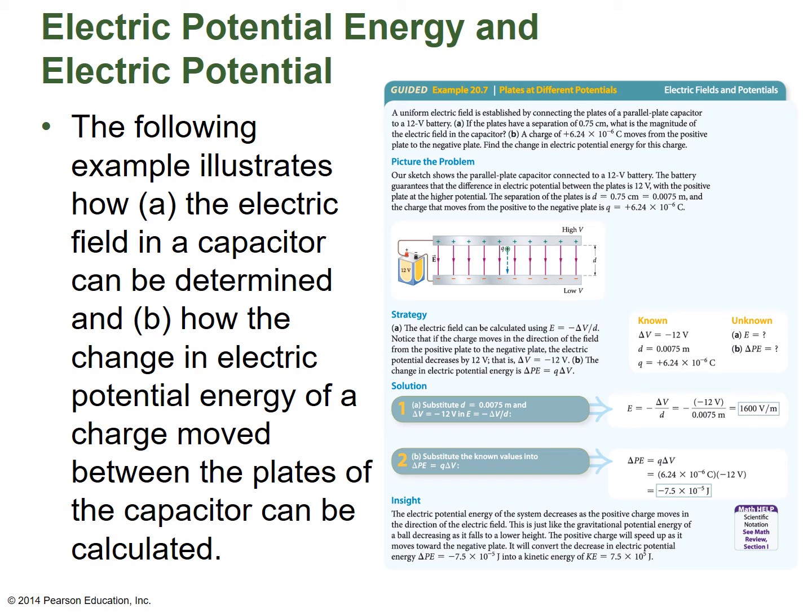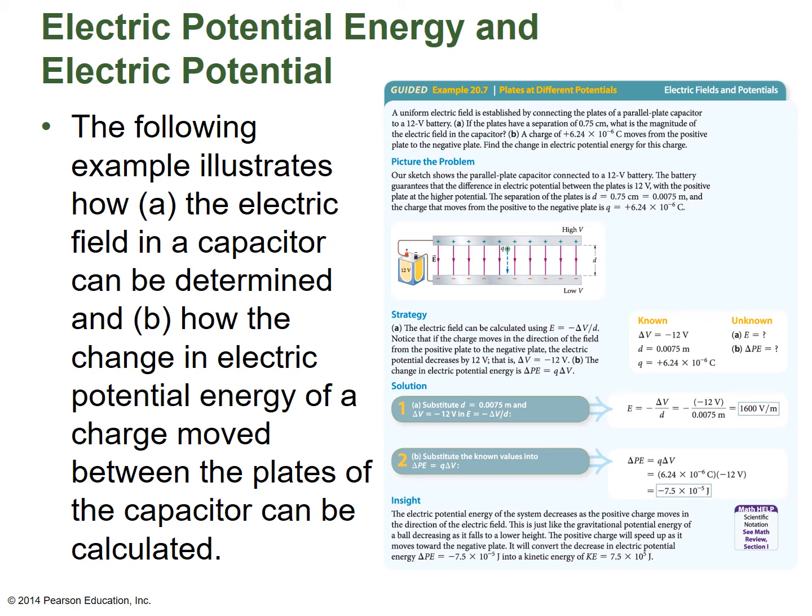The electric field points from the high voltage to the low voltage, from the positive plate to the negative plate. The positive terminal of the battery is hooked up to the positive plate, and the negative terminal of the battery is hooked up to the negative plate, and the distance between the two plates is d.